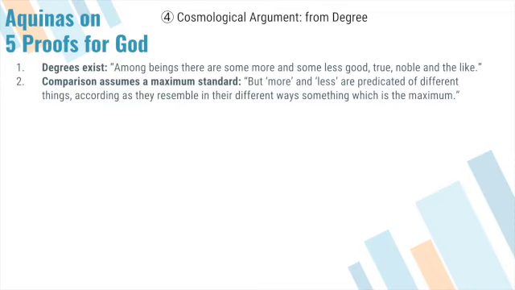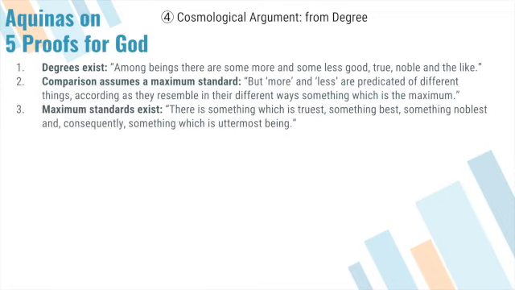But more and less are predicated of different things, according as they resemble in their different ways something which is the maximum. Right? So, how much do you resemble perfection? That's the degree of goodness that you have, right? So perfection is that maximum standard, right? If there's comparison and degrees, there must be a maximum standard.